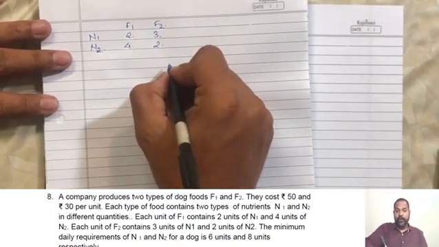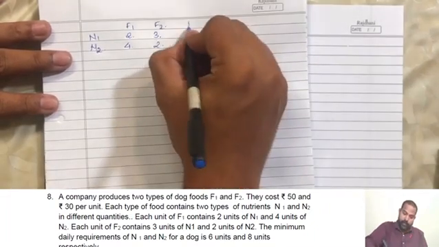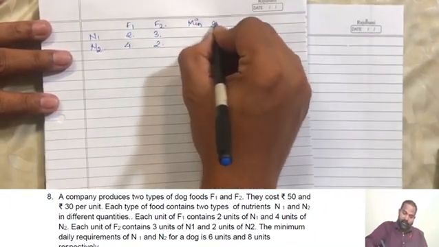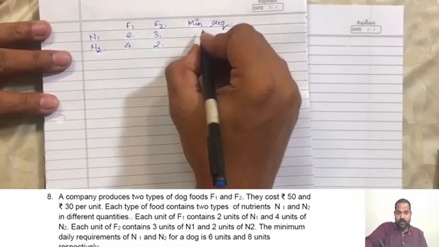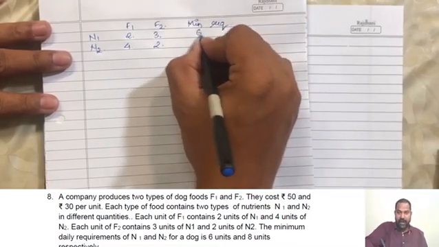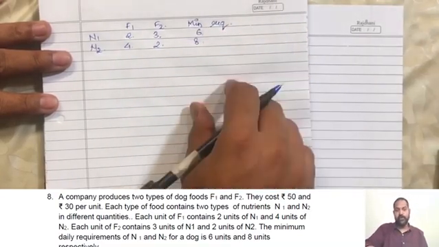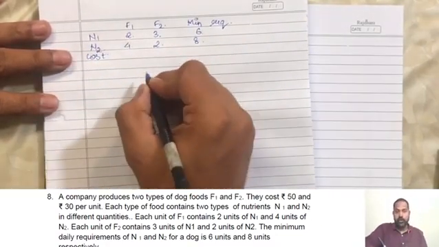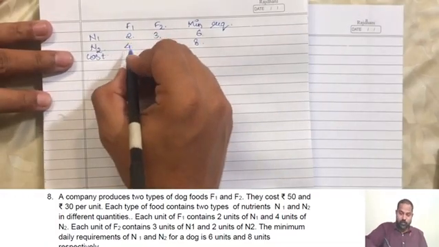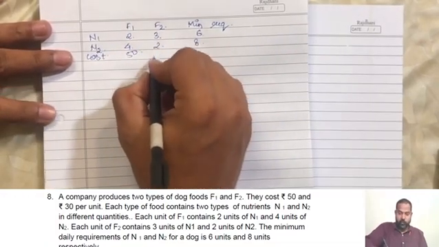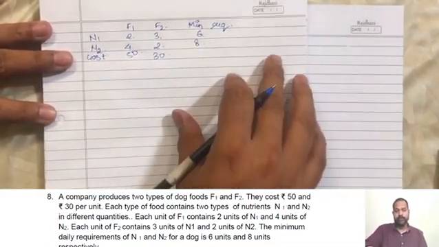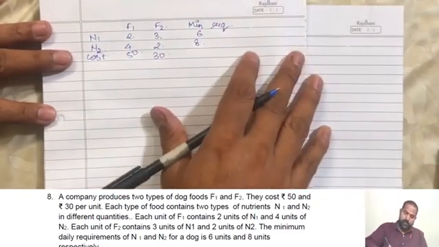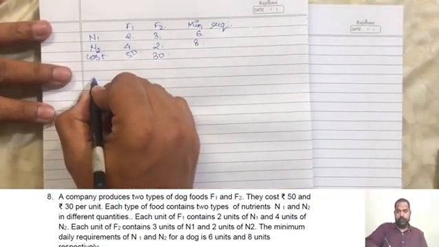The minimum requirement is 6 units of N1 and 8 units of N2 respectively. The cost of F1 and F2 is given to you. The cost of F1 is rupees 50 and the cost of F2 is rupees 30. Done? Simple.